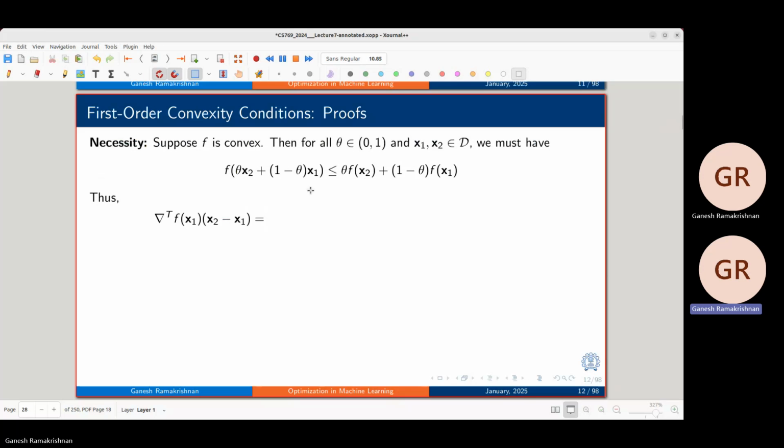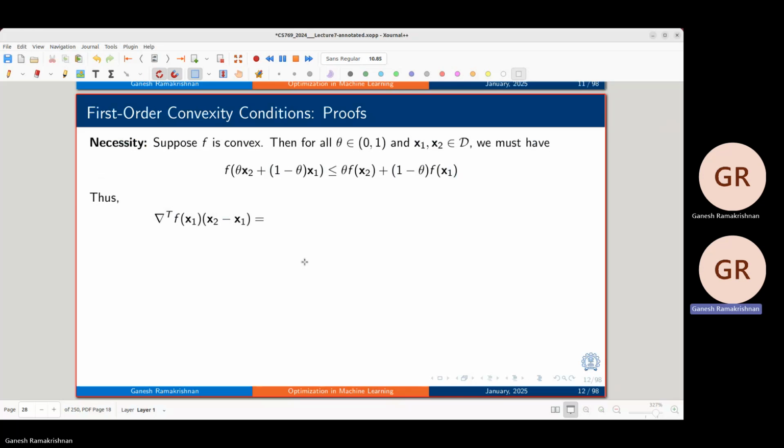This is the only important step here. If f is convex, then we must have this inequality. What is our interpretation of this dot product of the gradient and the direction x2 minus x1? You remember last class? Yes, directional derivative.